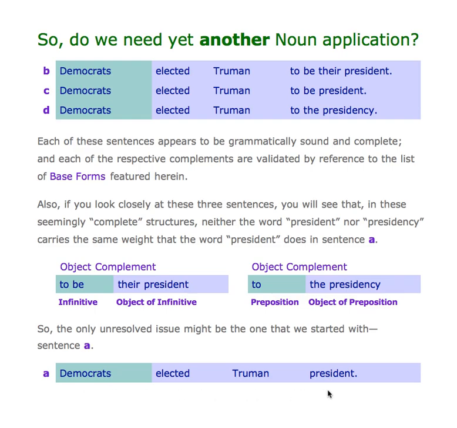The first one, we have president immediately seems to complement Truman, all right? But up here, you see that these object complements are phrasal. There's more to it. They're more complicated. All right, let's move forward.